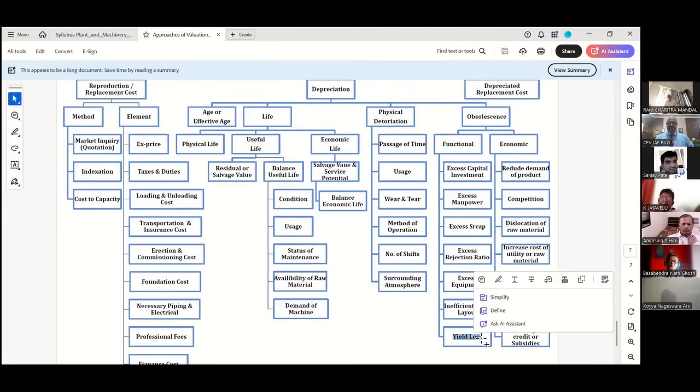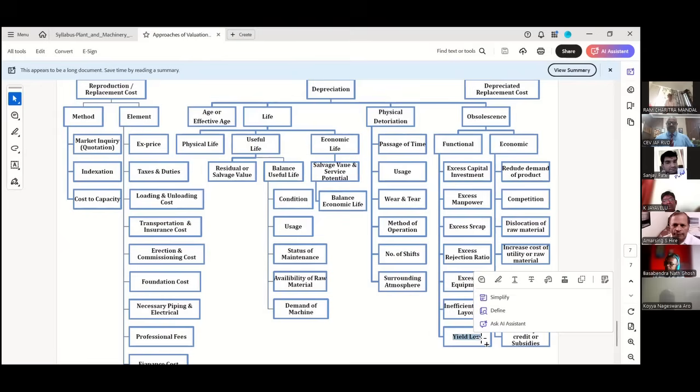If a more efficient machine is available than the older one, then which machine is suffering from functional obsolescence? The older one. The current asset is making more scrap when compared to the newly designed asset in the market. Okay, then this machine is suffering from functional obsolescence.